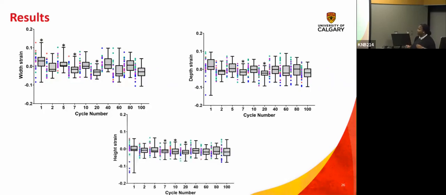But interestingly, when we got to the height, the cell seemed to be keeping its height intact over time. And that was very interesting, considering the fact that that was the direction that the load was applied.